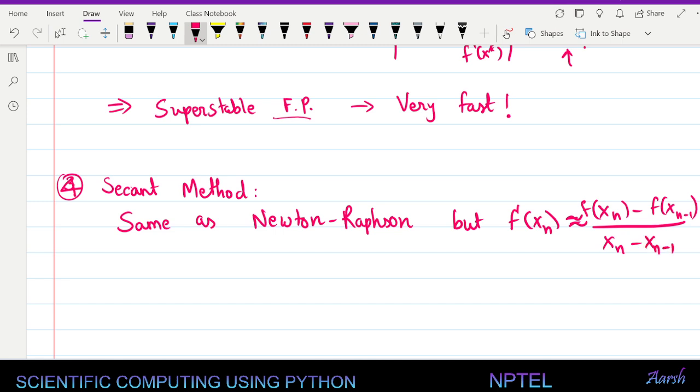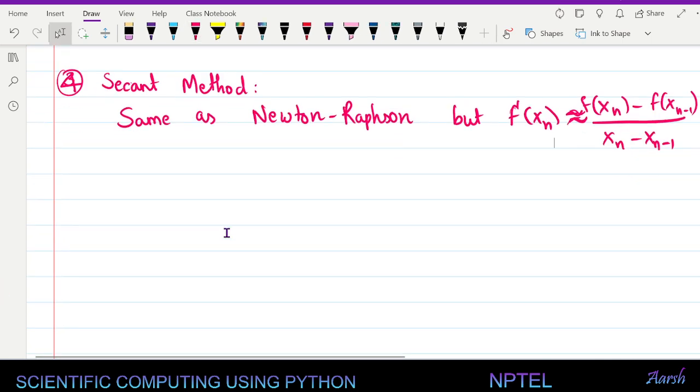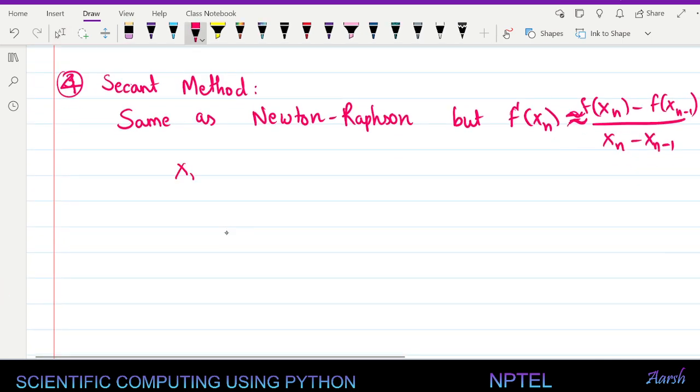Okay, so obviously now you are doing some approximation, so you are going to be slightly worse, but when you don't have the functional form or calculating the derivative is not possible exactly, then you do this. Okay, so if you want me to write, I can write the equation, the algorithm.